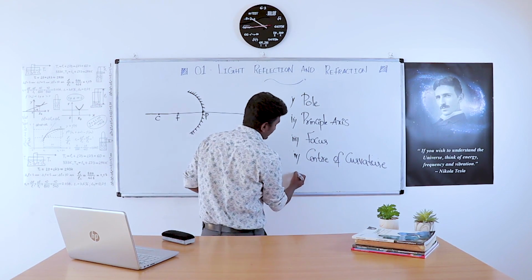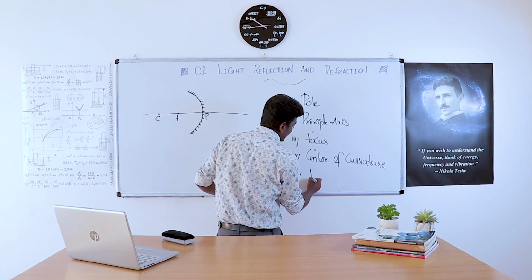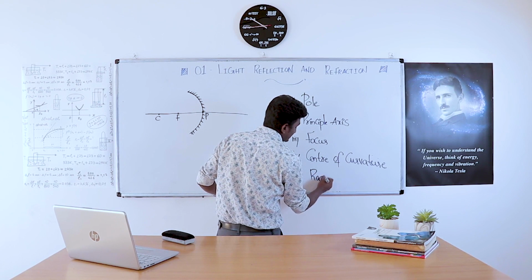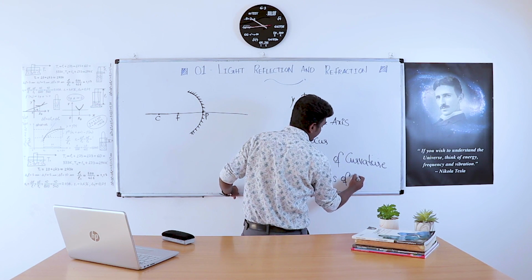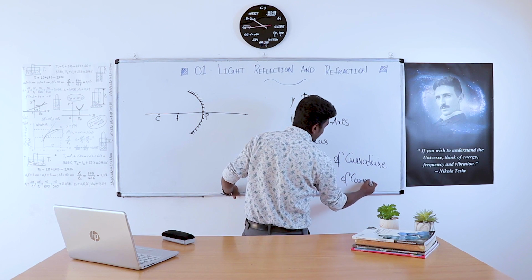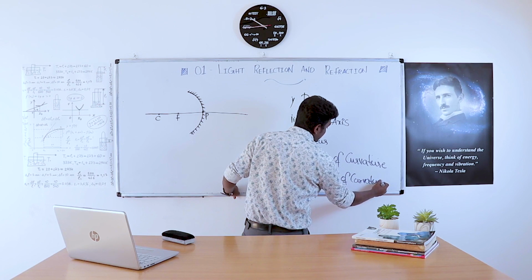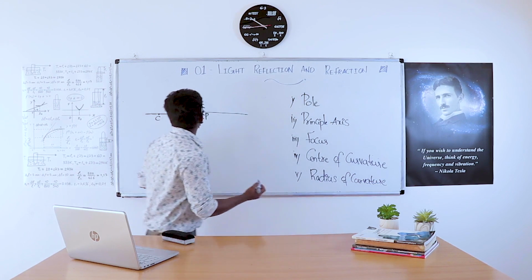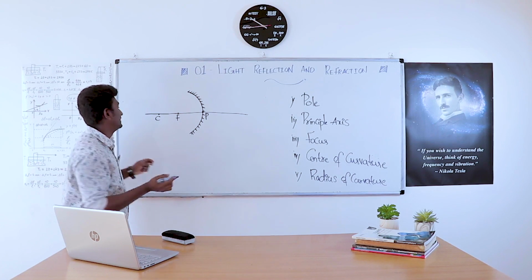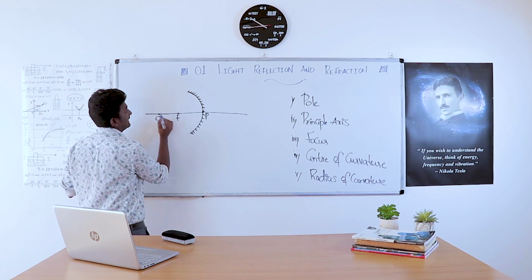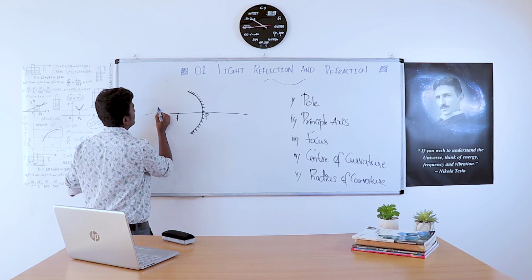The next term I am going to define is radius of curvature. You all know that the radius of a sphere is the distance between the center and the surface of the sphere.